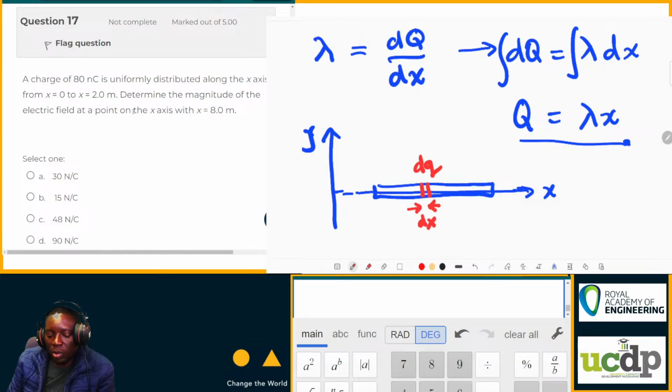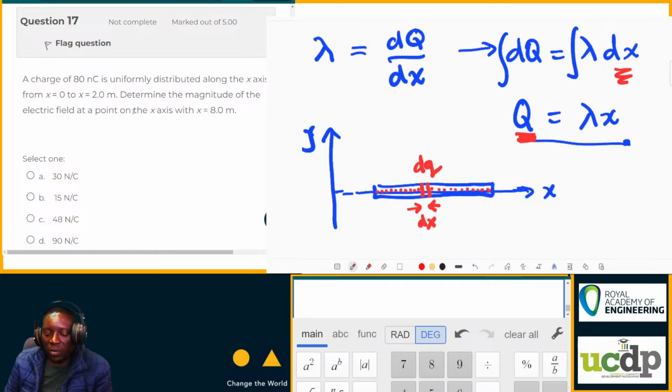So if we add all small infinitesimal elements dq along this length, we get an overall charge Q. So that is integrating along the x. Basically, that is what we are saying in terms of the total charge of this system.